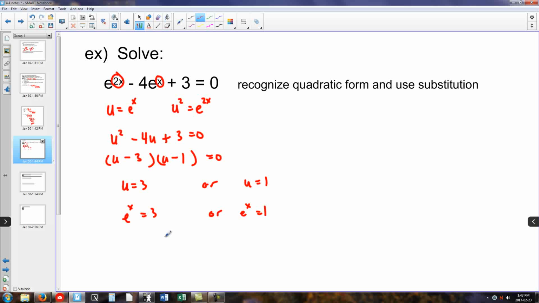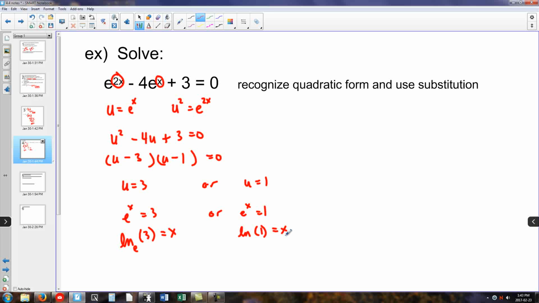Well, both of these are going to be a log, okay? And since I'm doing a log and the base is e, I might as well do ln, that's my base e, of 3 equals x. And over here, it's the ln of 1 equals x.